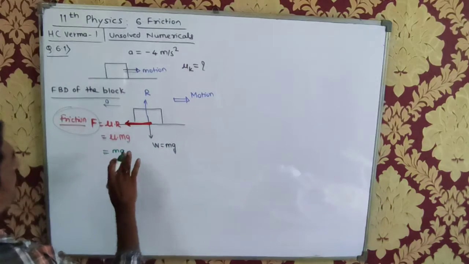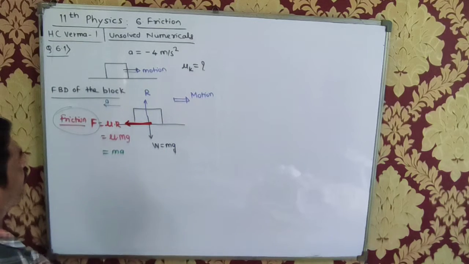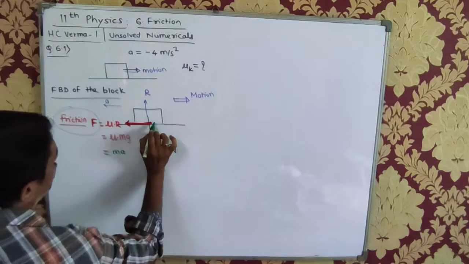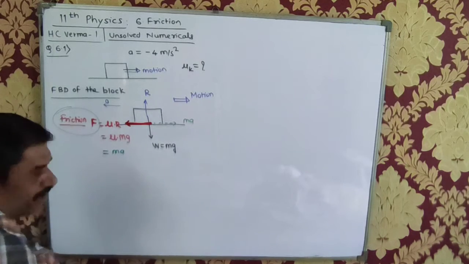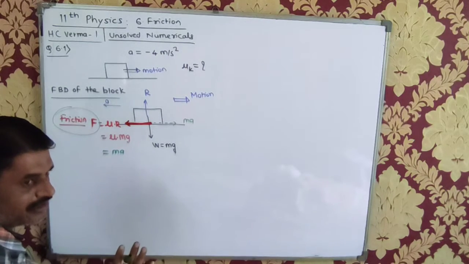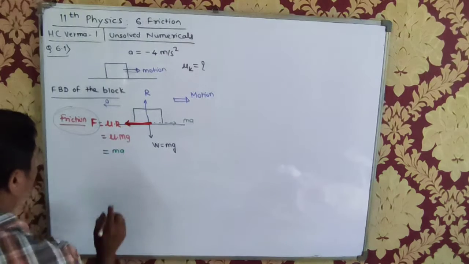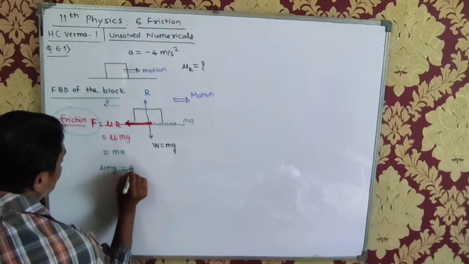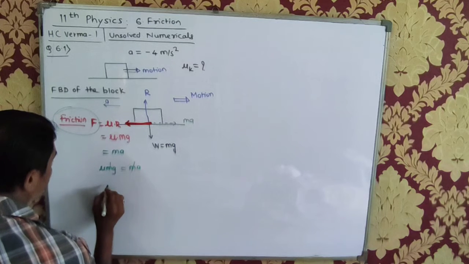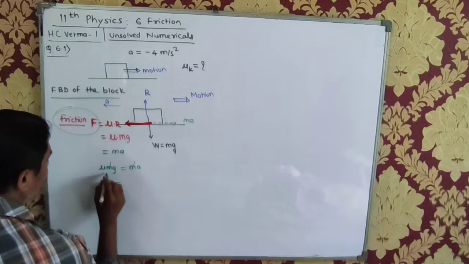You can look at it that way, or there is one more way of looking at it: this is the acceleration, so in the opposite direction of acceleration it will be F is equal to ma, so ma is equal to this only. Are you understanding that? You look at it from any perspective. So I will simply say that mu mg is equal to ma. M gets cancelled. So what is the coefficient of kinetic friction there?